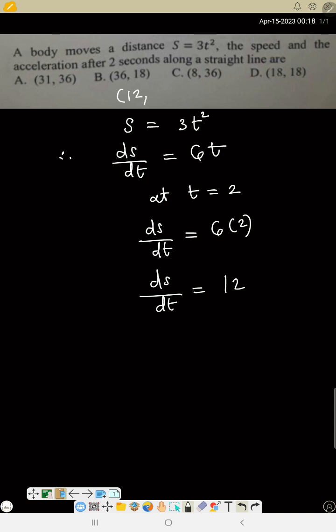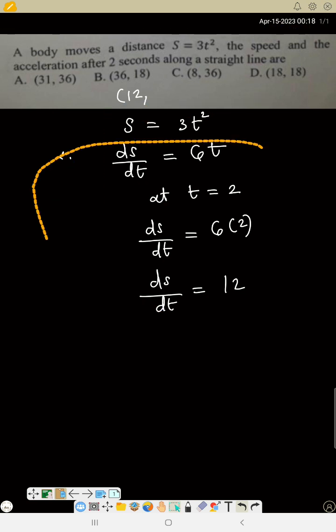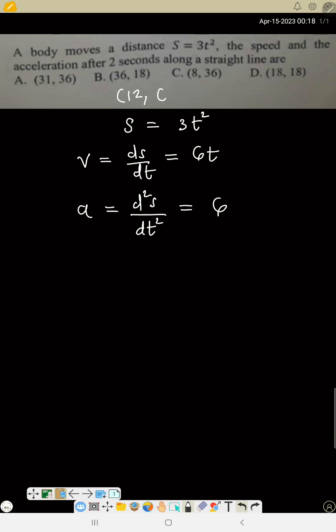That is speed. Then acceleration means you should differentiate the speed again. Remember, acceleration is the change of velocity over time. So if velocity is ds/dt and equals 6t, then acceleration is d²s over dt², which is 6. So acceleration is 6. No need of substitution because there is no t. So you see, none of the above. So like that.